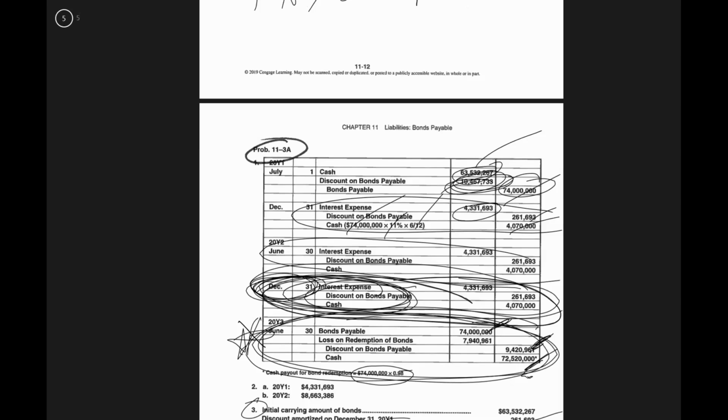That takes care of the long-term debt section of this chapter, and we talked about bonds in this chapter, and one other long-term debt that we don't talk much about, primarily because it's substantially easier, is a mortgage.